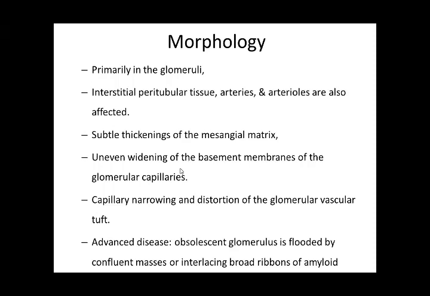In this case, it is not like that. It is just the thin and thick basement membrane, widening of the basement membrane, and there is flooding of the glomerulus by confluent masses or interlacing broad ribbons of amyloid. There was nothing of the sort in Alport syndrome. Instead, Alport syndrome had three other features.